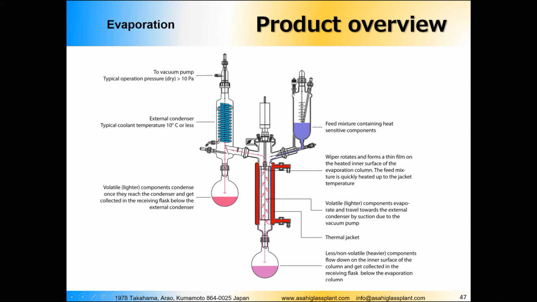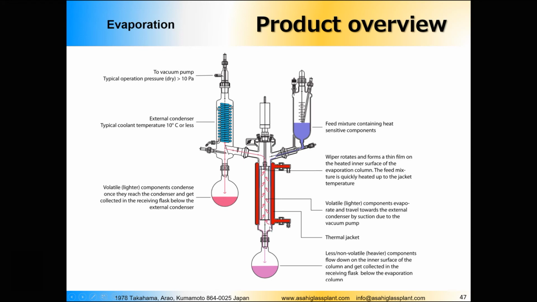As the thin film that is formed by the wipers is really thin, we have almost immediate evaporation of the solvent from the walls, and the mixture, by going down along the wall, loses almost all of the solvent.